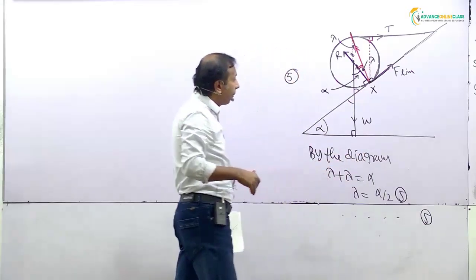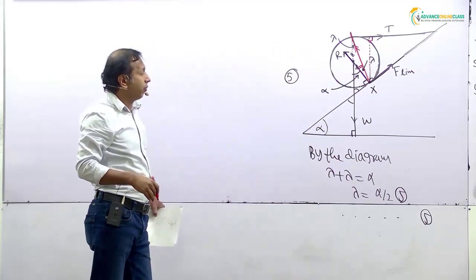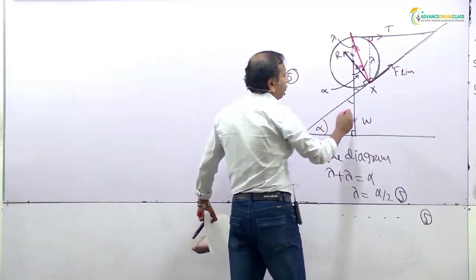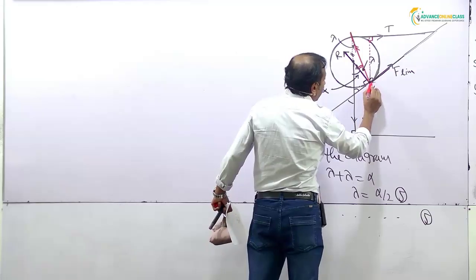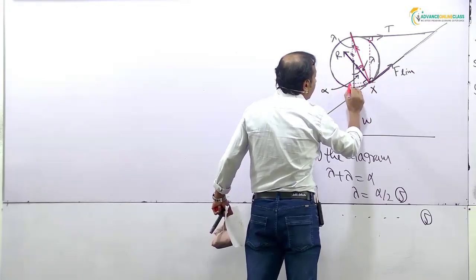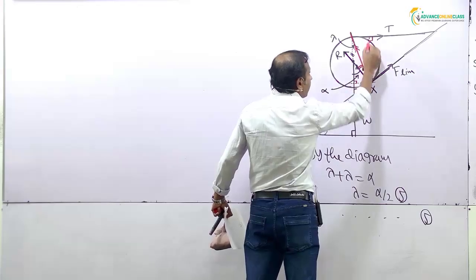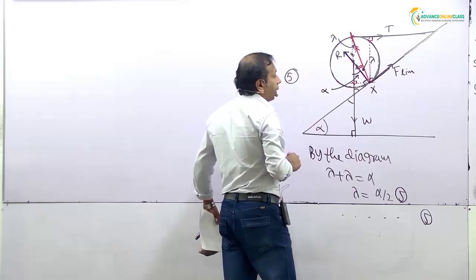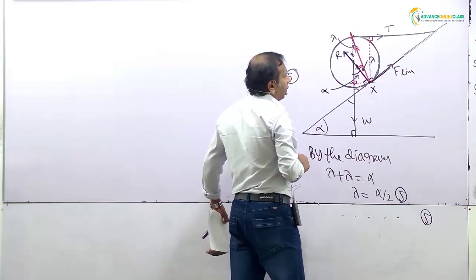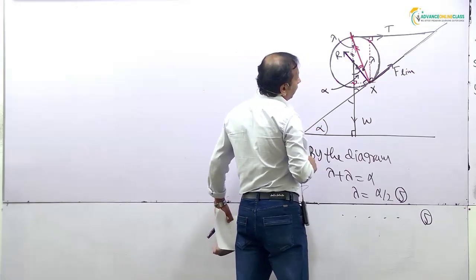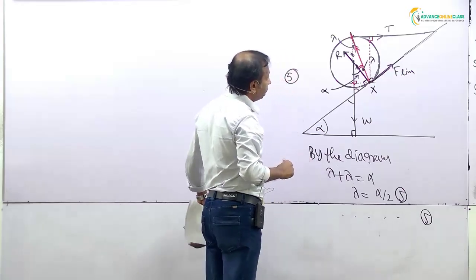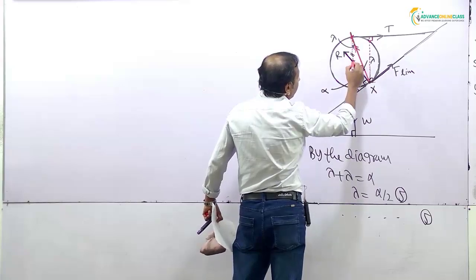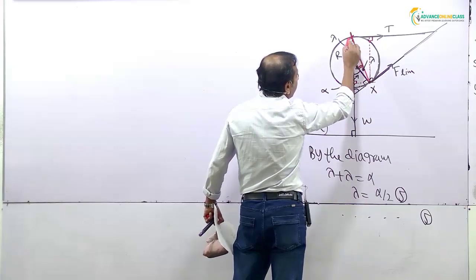It is the required perpendicular distance to take the moment of T around x. You can very clearly see, if I draw a horizontal line here, this length is equal to this length from here to here. Then you can take that length out. Here, this is the radius. I take the radius as A.